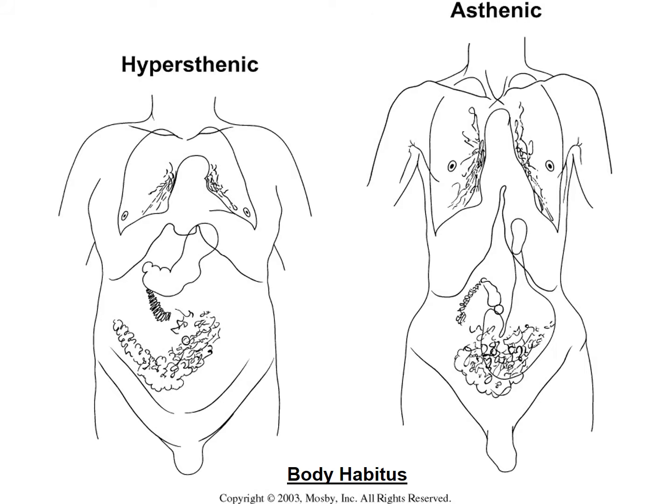Take a look at the lungs. In the hypersthenic, the lungs are short, but in your asthenic patient, the lungs are longer. This is going to be important when you're doing positioning, because you may have to make some modifications in where to put your central ray, or the middle of your radiation beam, based on the habitus and the organ that you're going to be radiographing.